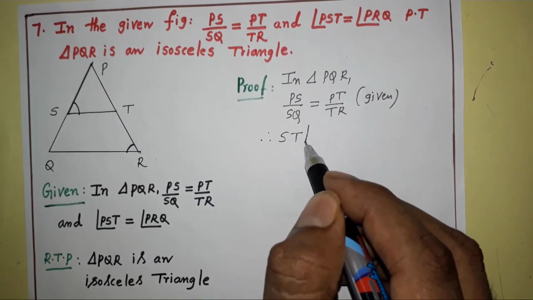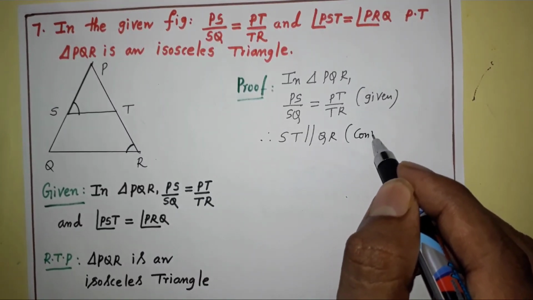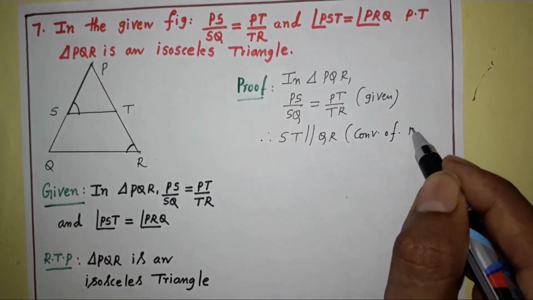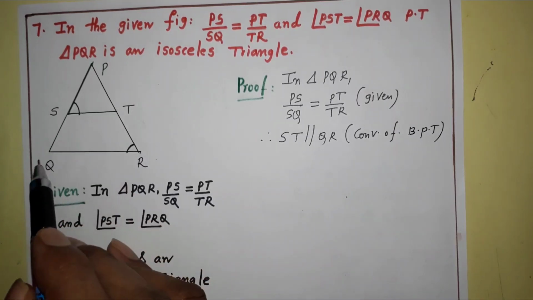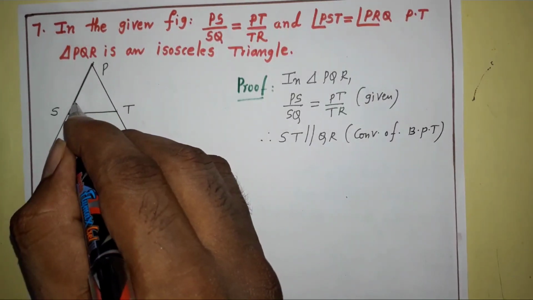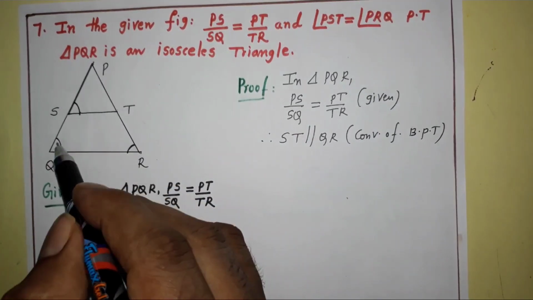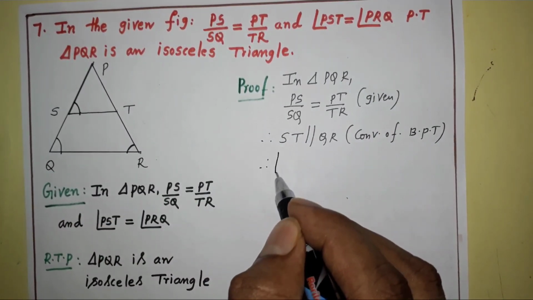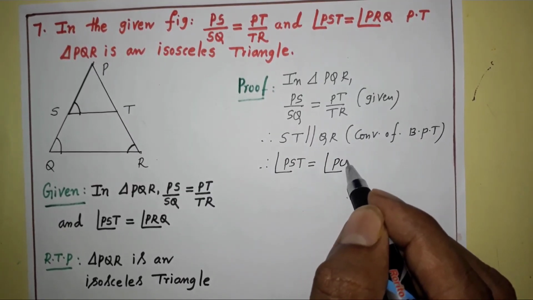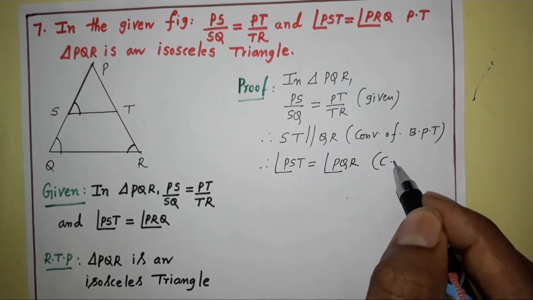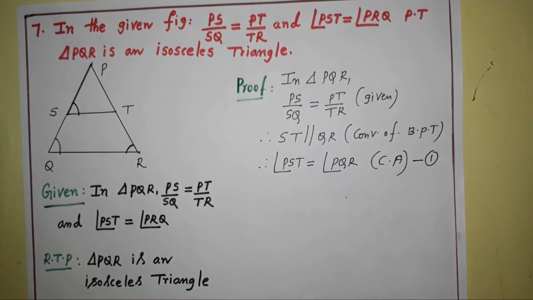Now, if these two are parallel, then you can write this angle is equal to this angle because they are corresponding angles. Therefore, angle PST is equal to angle PQR. The reason is corresponding angles. Take it as equation 1.